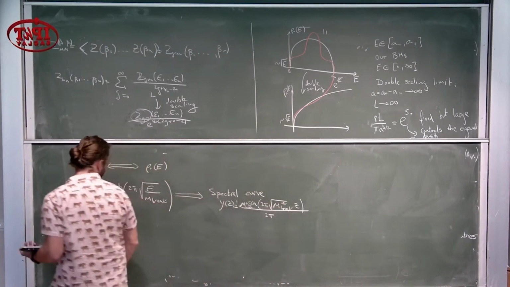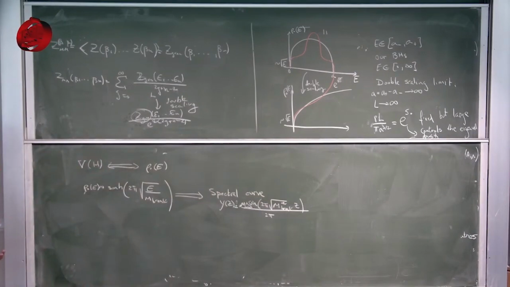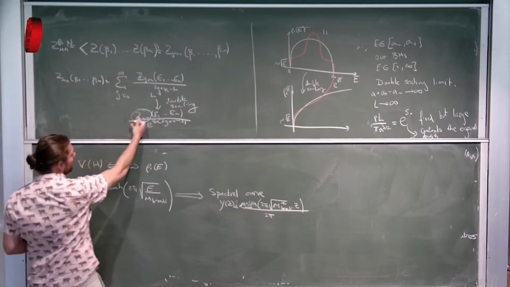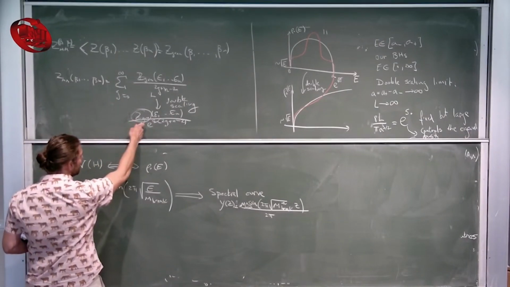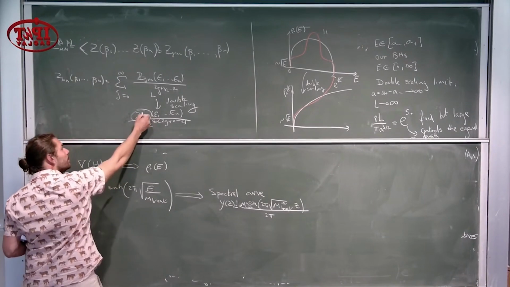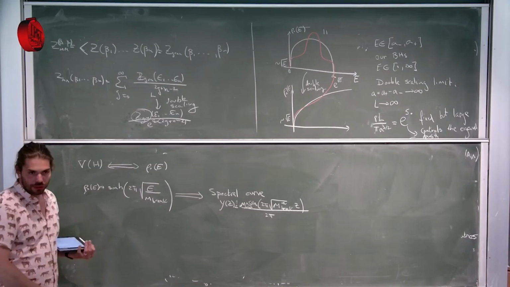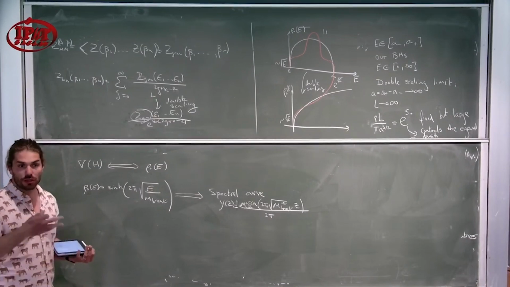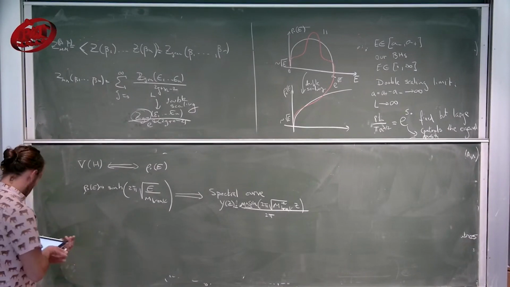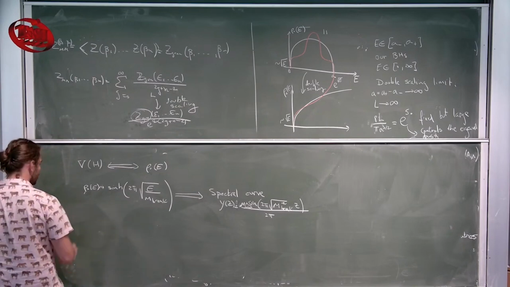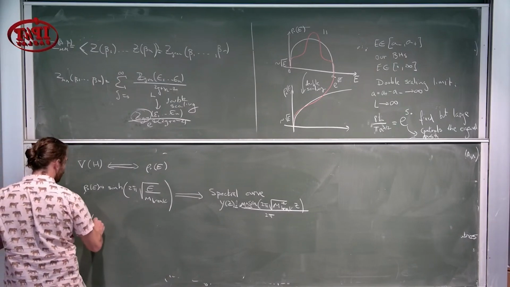And from the spectral curve of the matrix integral, it turns out you could actually write down a recursion relation for all the expectation values of Z and the expectation value of many other observables in the matrix integral, such as the resolvent. And in particular, there is a quantity that's related to the resolvent.